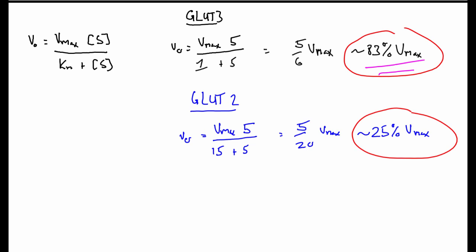Okay, that GLUT3 transporter has a much higher affinity and specificity for glucose, and therefore the brain is going to absorb significantly more glucose than other tissues, like let's say the pancreas that's using GLUT2, right? GLUT2 is only at about a quarter of its maximal velocity at normal physiological glucose concentrations, okay?